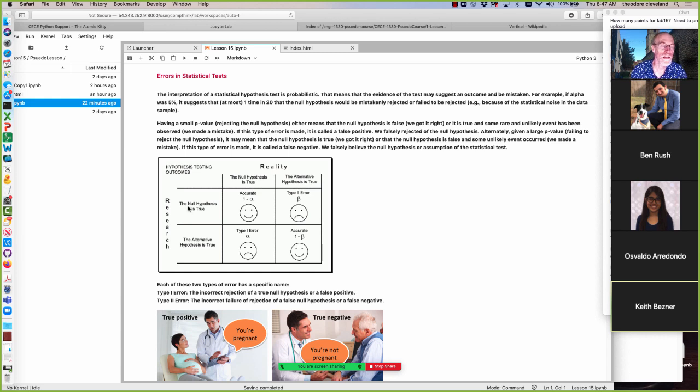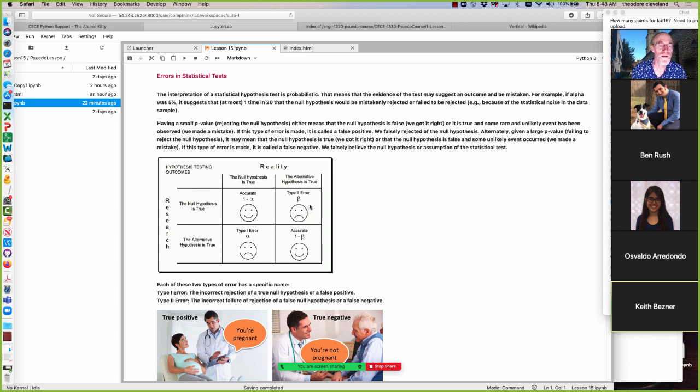We could conclude that the null hypothesis is true when in fact it's true, and that's happiness. So we got the happy face here, and that has a probability of occurrence of 1 minus alpha. Hence, that's what we talk about, 95% confidence.